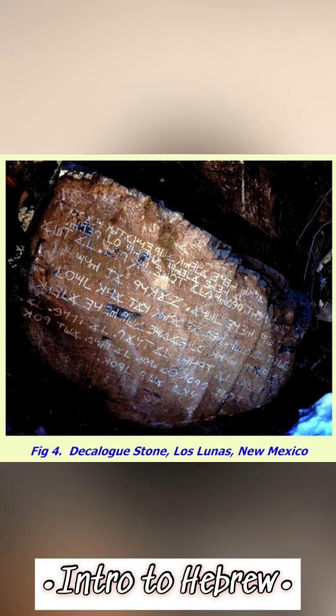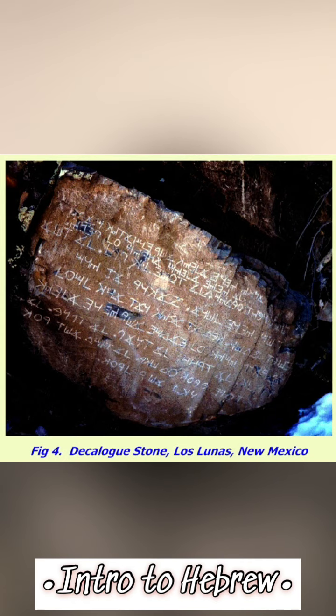And you could look it up as the Las Lunas Mystery Stone or Commandment Rock. So this rock actually has been authenticated by certain professors. I forget their names or which schools they represent, but it's been authenticated as the oldest 10 commandments in Paleo Hebrew that has ever been found anywhere, right?